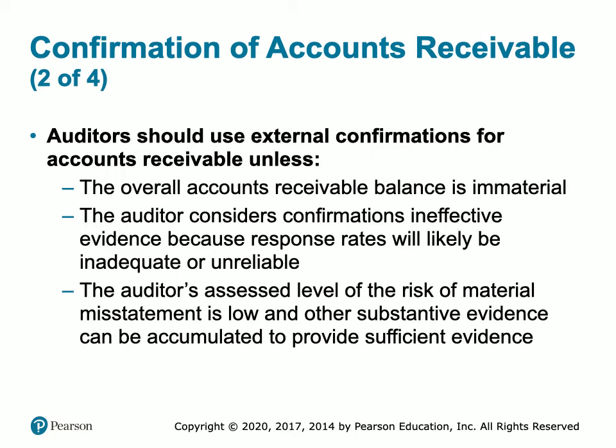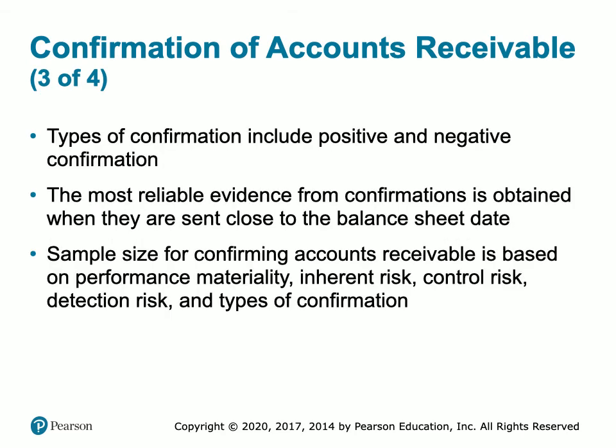But again, if you don't confirm and there turns out to be an audit failure, you don't want to be defending the fact that you didn't send confirmations because you said your other procedures were adequate, and then it turned out that there was audit failure. That's just not a good fact pattern to be in. So I think the first two situations are the more likely situations where you would not do confirmations.